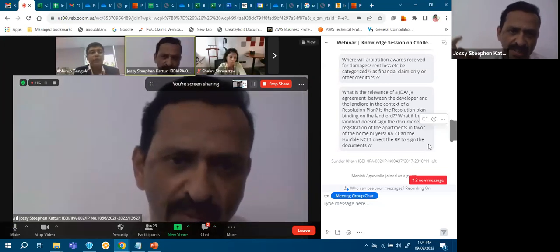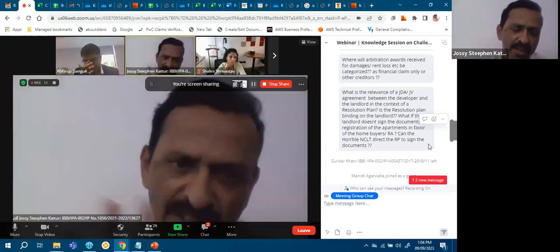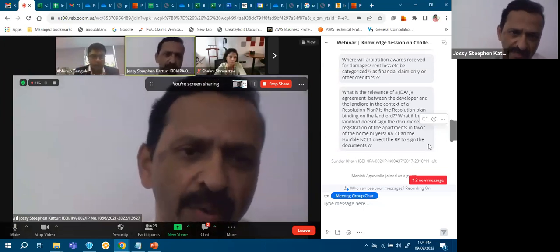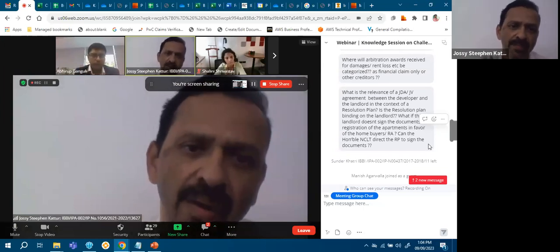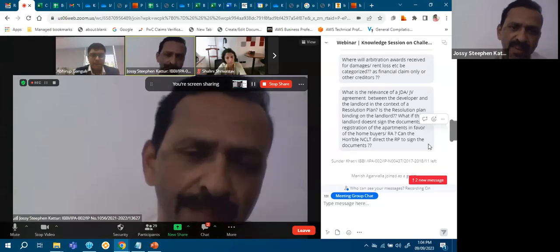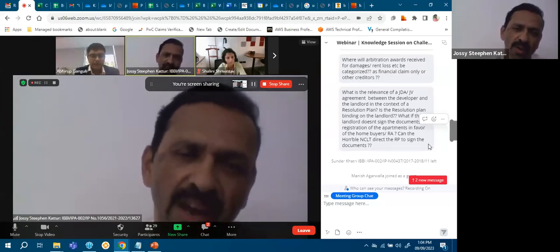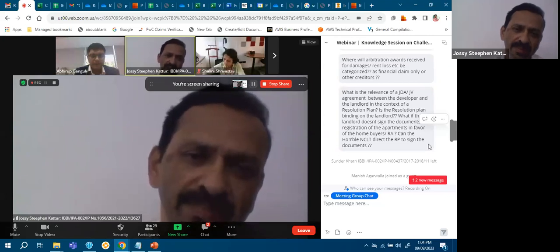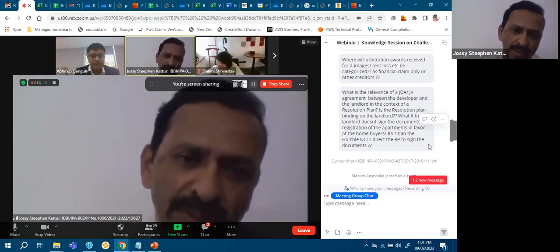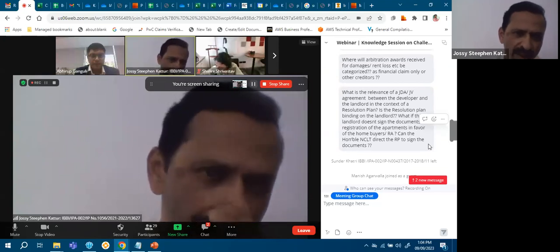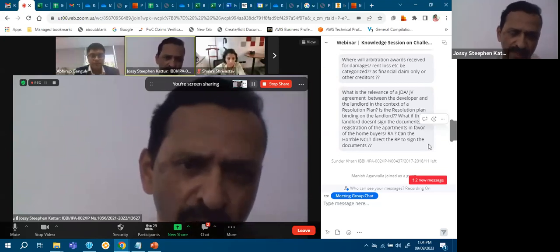So when we say there is a JDA agreement, imagine construction is completed and the project is ready, but the company CD is into CIRP, and the landlord has not put in any claim. So at the time of resolution plan approval by the COC and NCLT, there is no claim from the landlord.